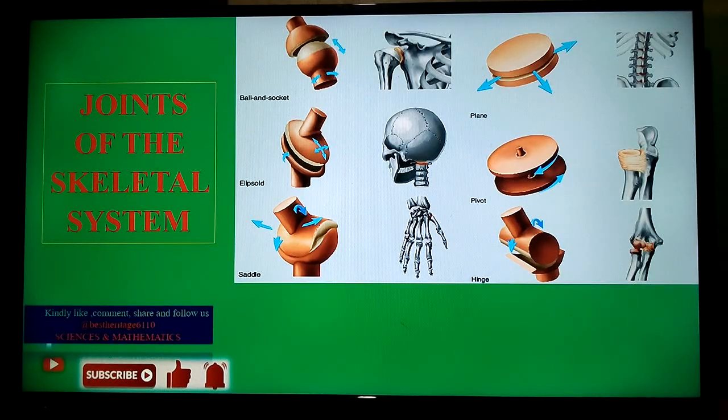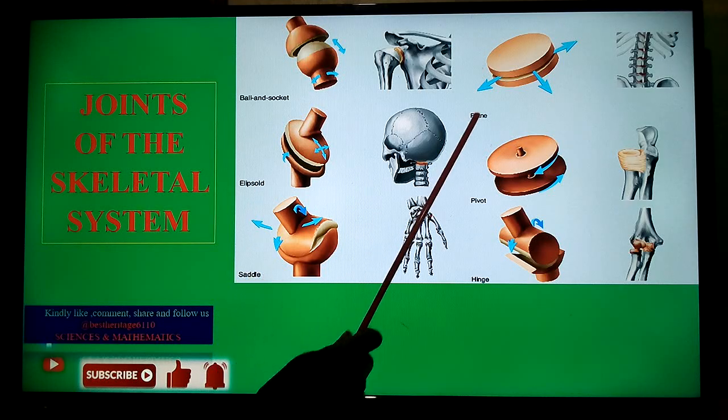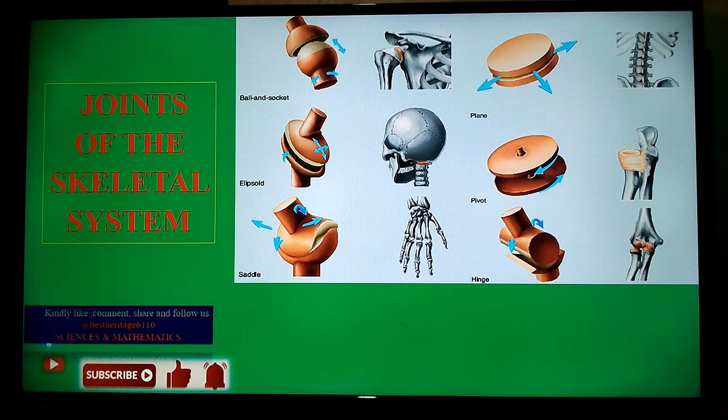Now, of essence for us is to understand these specific features that we have mentioned concerning different types of joints. We have said that they are classified according to their features and functions, in this order, structure and function. We have mentioned different types of joints, ranging from ball and socket, ellipsoid, saddle, plane, pivot, and hinge, which form different parts of the skeletal system.